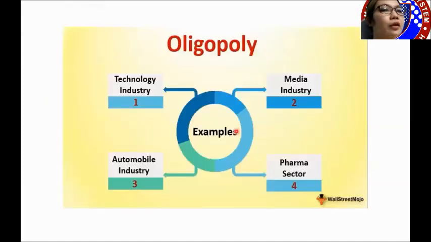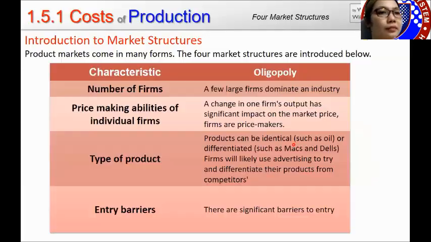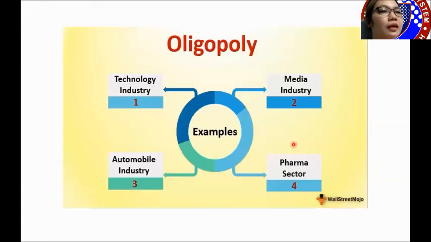An oligopoly involves different industries, with firms that are considered dominant businesses.